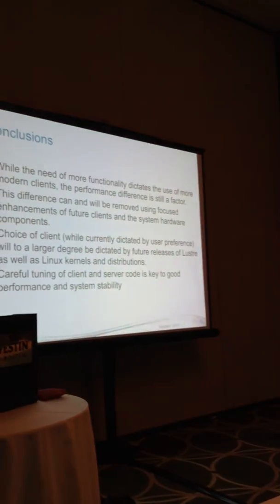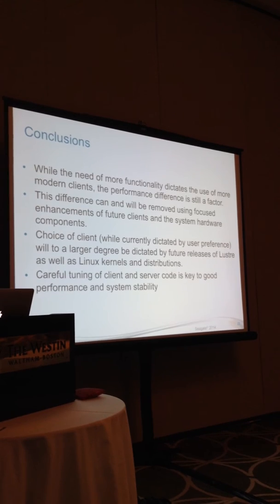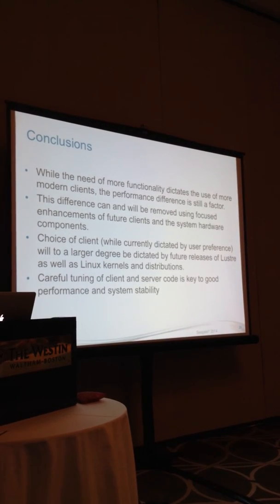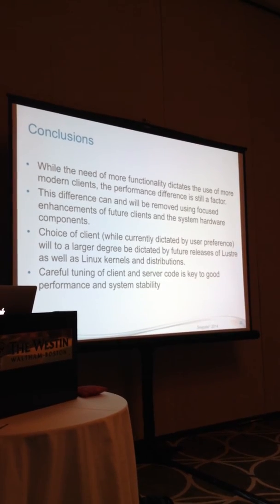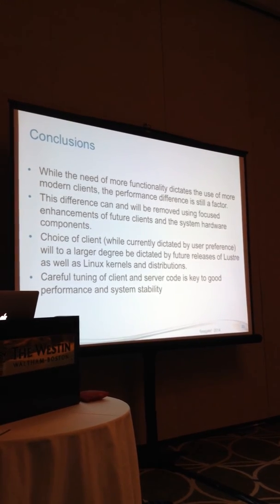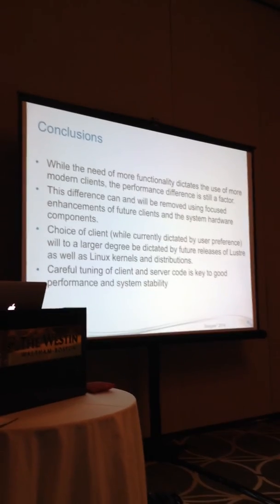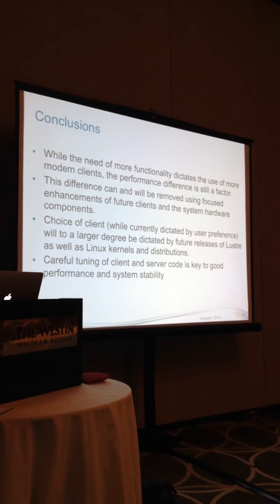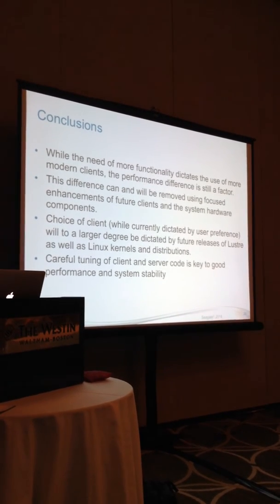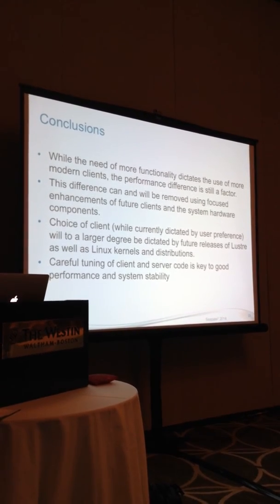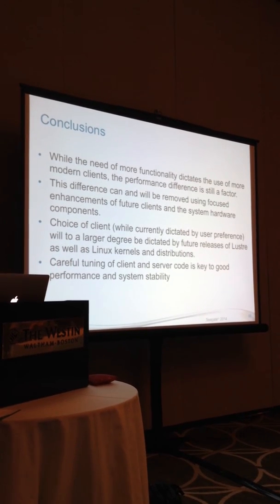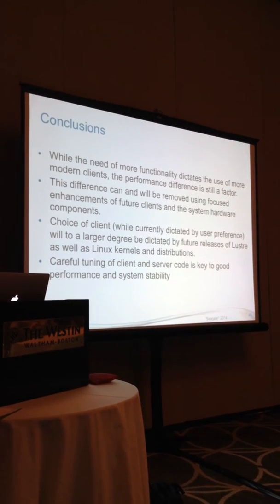So my final conclusions are, and if you haven't figured out, I'm rambling by now, so I will try to get out of this as well. The choice of a client is really key. Now you choose a client not because it's the fastest client. If that is the only thing that matters, stay on 1.8.9. You can actually compile a 1.8.9 to run at Scientific Linux or Red Hat 6.5 without any problems.